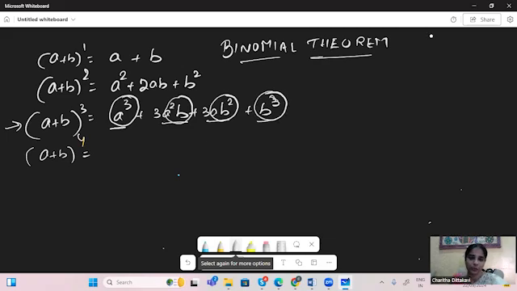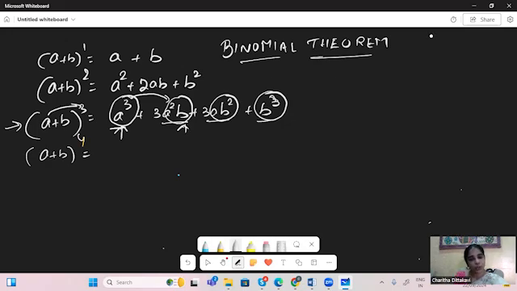What did you understand from here? We started with a to the highest power there, 3. Later on, we kept on decreasing the powers of a and increasing the powers of b. Did you understand that? So in the first term, do we have b? No. We just have a cube. Next, the power of a automatically decreased by 1 and b started its existence now, right?